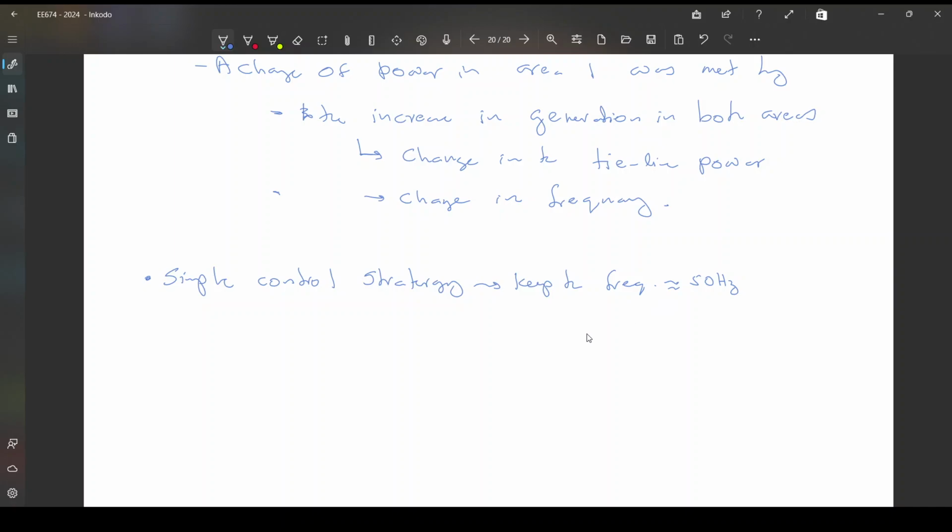So you can do that by maintaining the tie line flow, and this can be done by the load change being absorbed by the generation of each area, right?